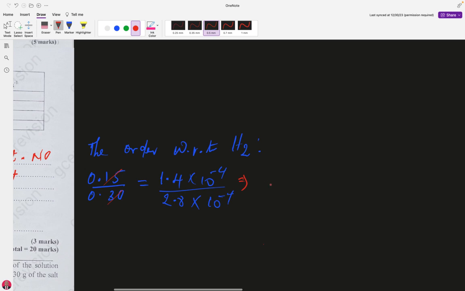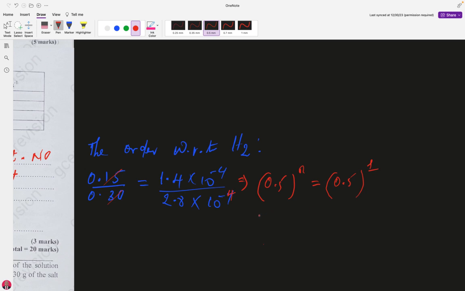We are going to have 0.5 here to the power n, which is still 0.5 because one cancels this. This is half of this, so it will still be 0.5. So 0.5 equals 0.5 raised to the power 1.